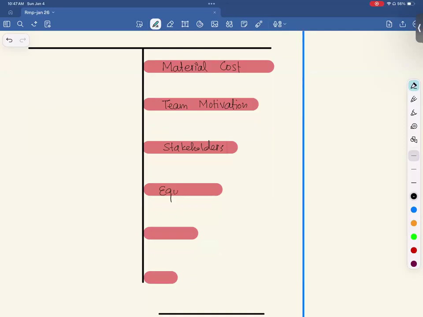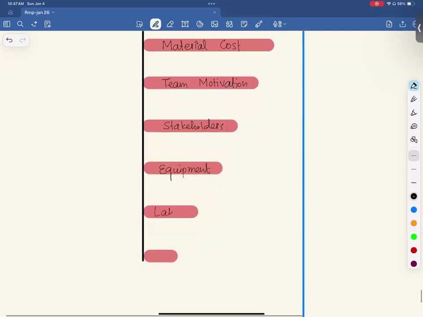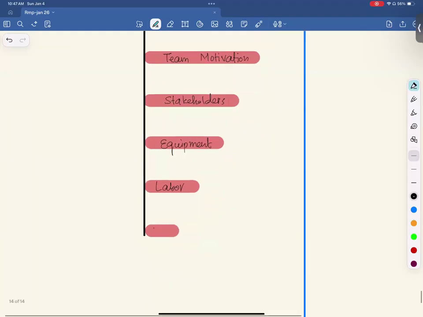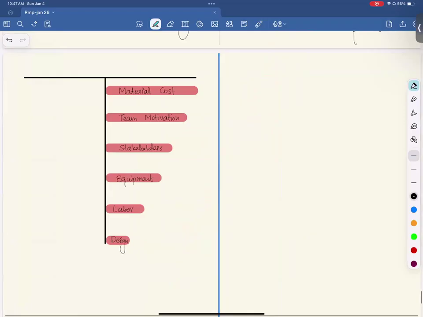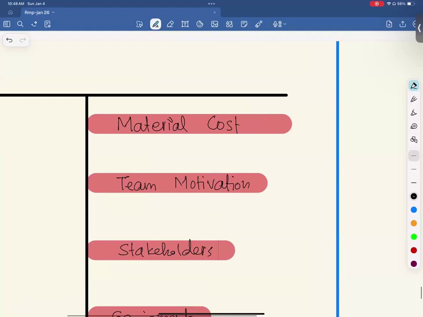Then equipment cost. Then labor cost. And then design or requirements. What does it mean? It means material cost is highly sensitive to your project, and the length of the bar is called coefficient of relationship.